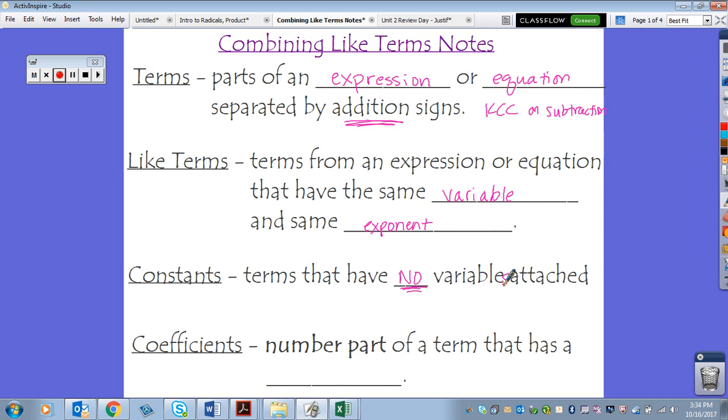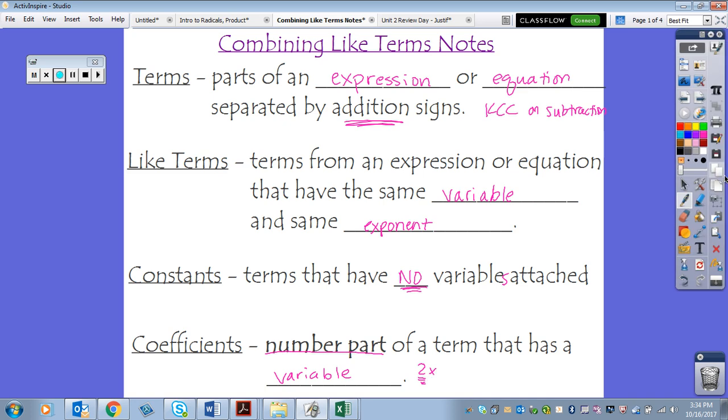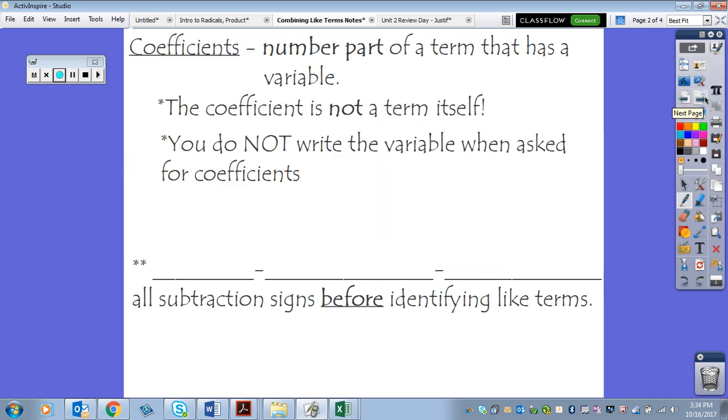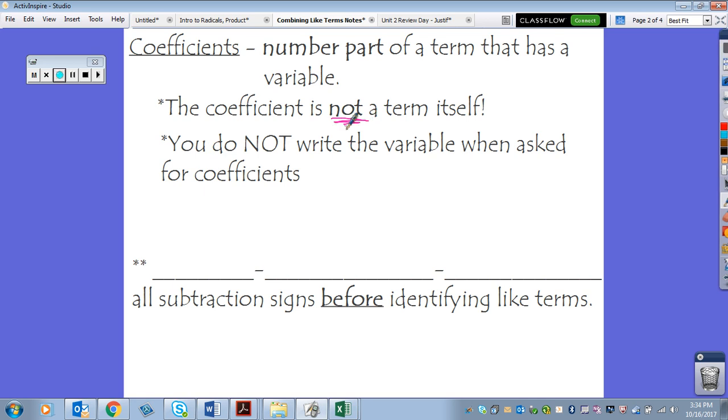A coefficient is just the number part of a term that has a variable, so we're not listing variables. So in the term 2x, 2 is the coefficient of that term. Remember, the coefficient is not a term itself, so if we're listing terms, we don't list coefficients as terms.